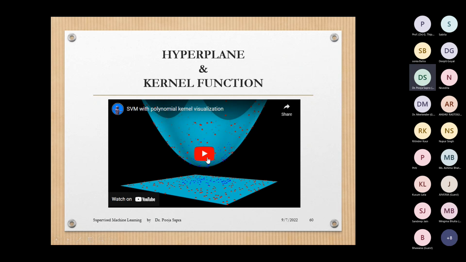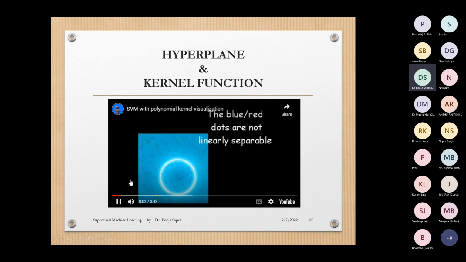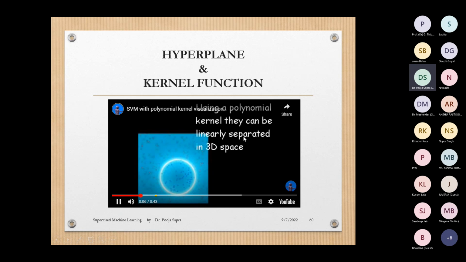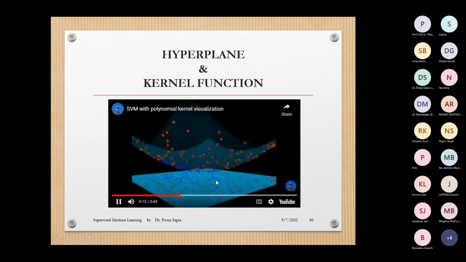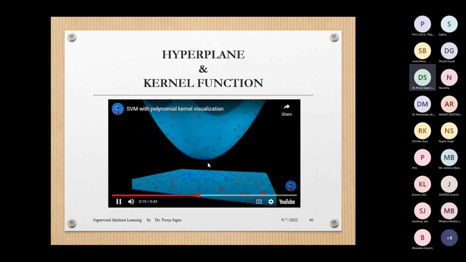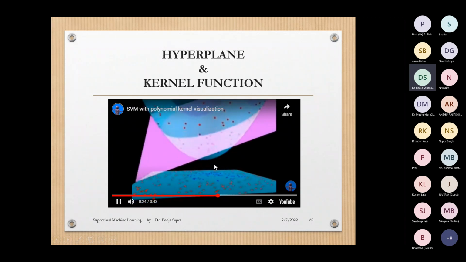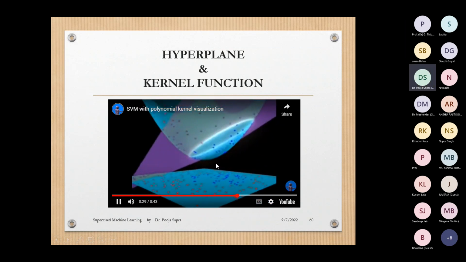It shows how the hyperplane would work. This is a video you can find on YouTube also. See, there are blue, red dots. Now, this is the plane which is linearly not separable. Center is taken, it is picked up. Now you can say there is a plane called hyperplane which will come and cut it.